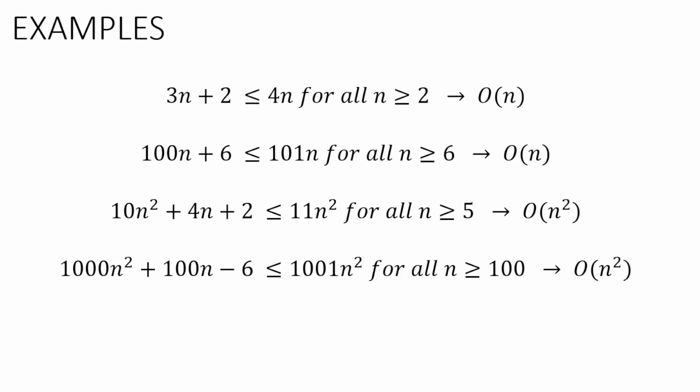A function 1000n square plus 100n minus 6 can be written as less than or equal to 1001n square for all n greater than or equal to 100, hence it can be represented as order of n square.